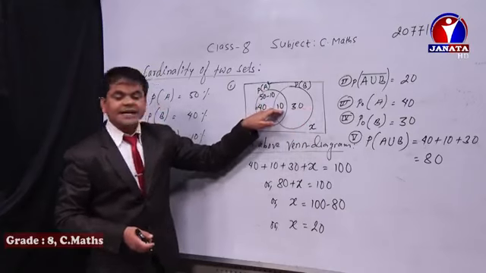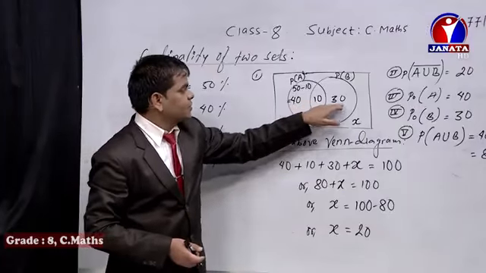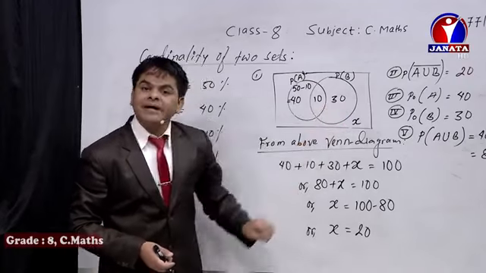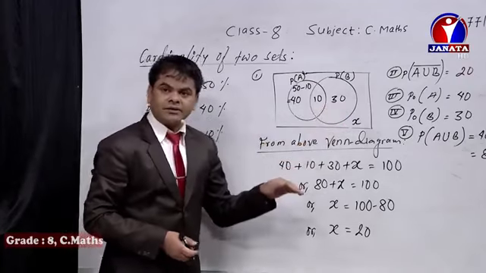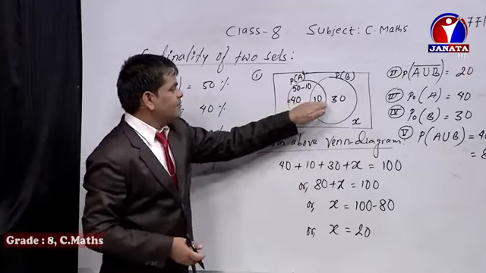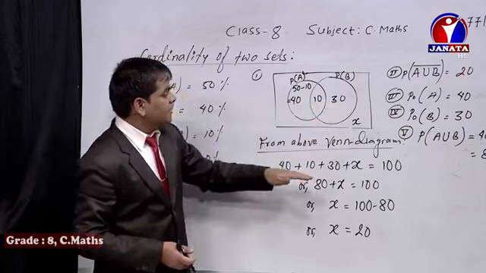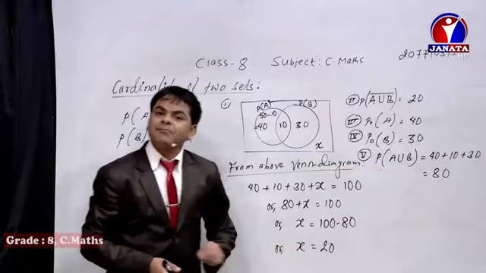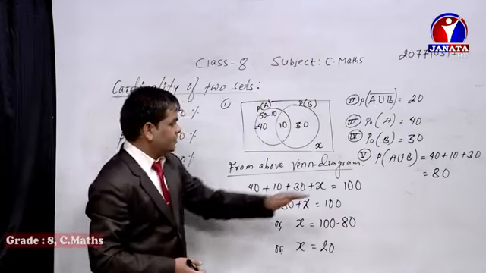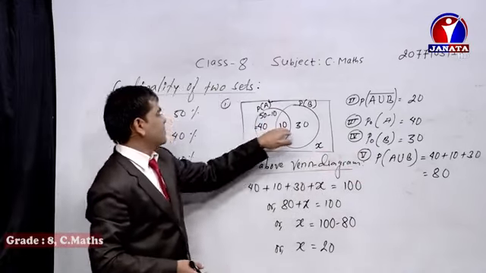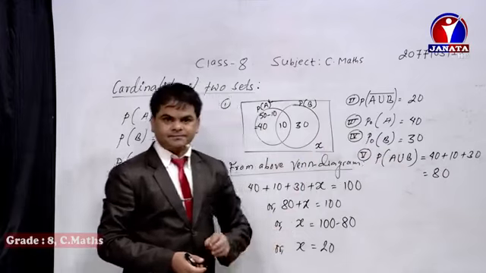As the 10 is already included, 30 should be kept in here in order to make 40. So combining together 40 plus 10 plus 30, 80. These are the people who like either apple or banana. So the answer would be 40 plus 10 plus 30, 80.